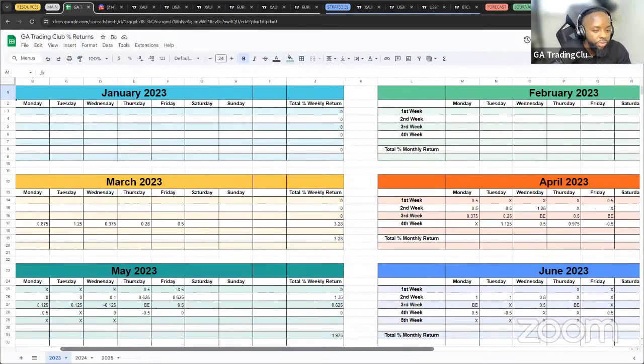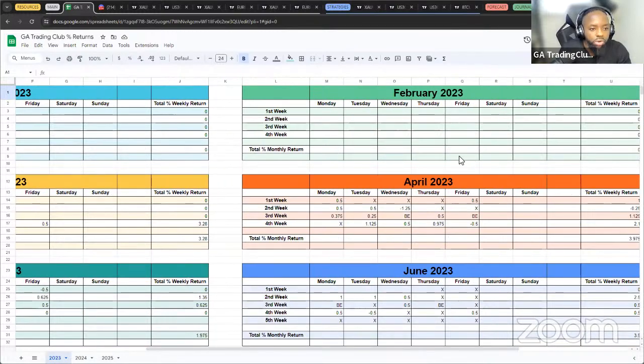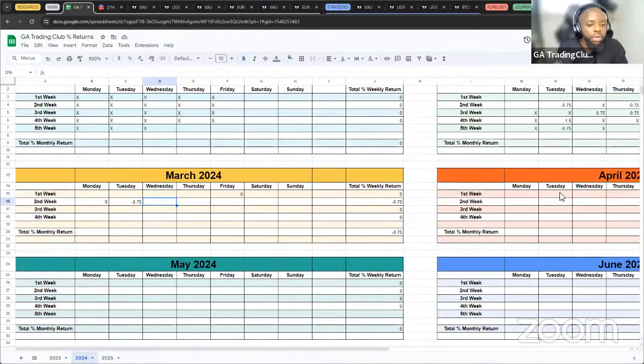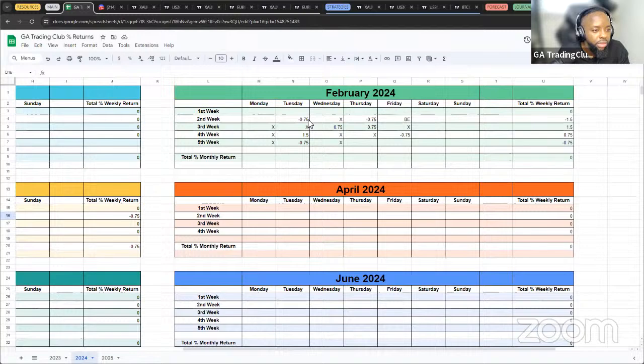February we had like 3 back-to-back losses. So in February of 2024, I probably would have just blown that account because the first trade was a loss, the second trade was a loss. Actually, I wouldn't have. But if you have 3 back-to-back losses and you're risking 1%, the way to go for futures is to have a lower risk per trade.